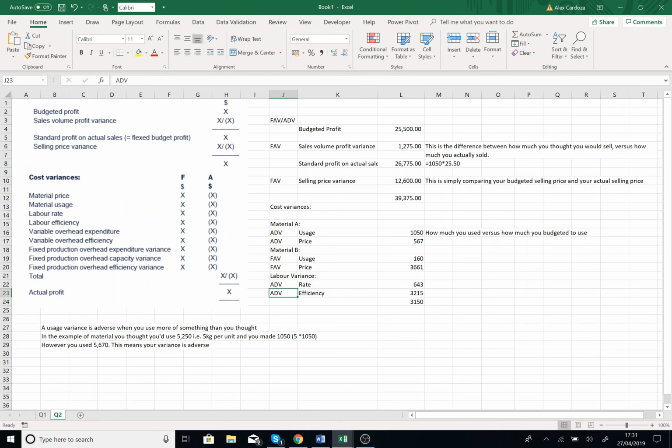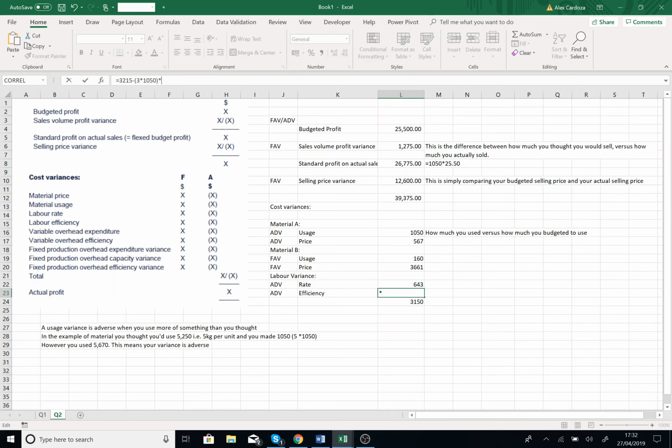It's taken us longer to make something than we thought it would. So we do that minus 3 times 1,050. And then, because we're checking our budget, we times this by our standard price per hour. We've used 65 more hours than we thought.